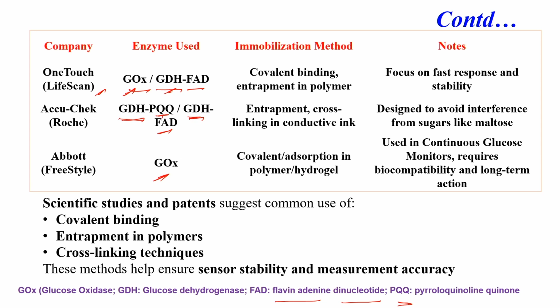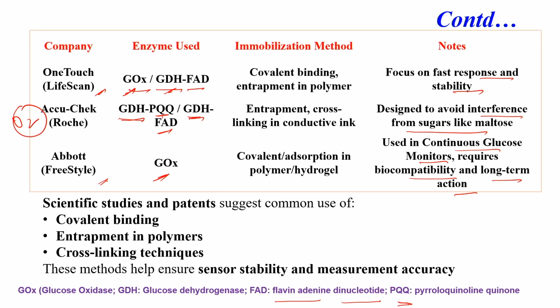And you can see the note also, this focuses on fast response and good stability. This glucose dehydrogenase is designed to avoid interference from sugars like maltose. Further, the important advantage here is that oxygen is not used in this method, and in the case of Freestyle from Abbott, it is used in continuous glucose monitors, requiring biocompatibility and long term action.